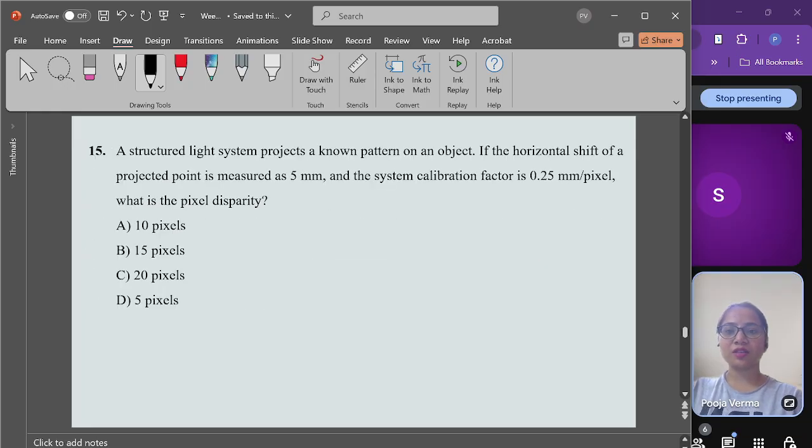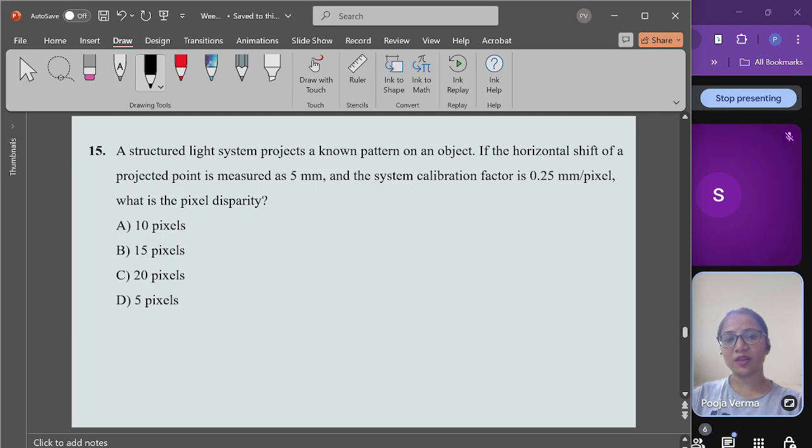Now the next question is: if a structured light system projects a known pattern on an object, and the horizontal shift of a projected point is measured as 5 mm and the system calibration factor is 0.25 mm per pixel, what is the pixel disparity? So how can we calculate the pixel disparity of a structured light system?